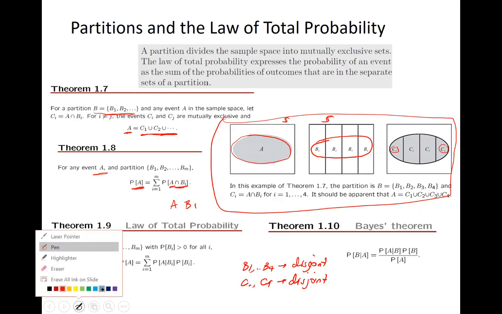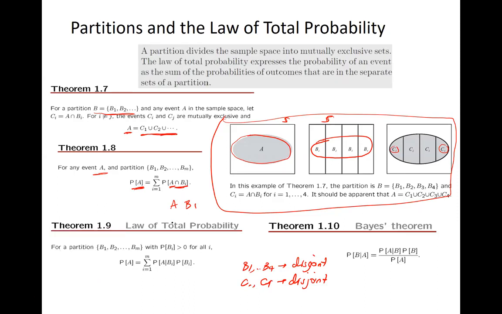Okay, let us show it. Intersection of A and B1 will be here, right? Intersection of A and B2 will be here. Intersection of A and B3 in here, and A and B4 in here. So sum of this will give you A.